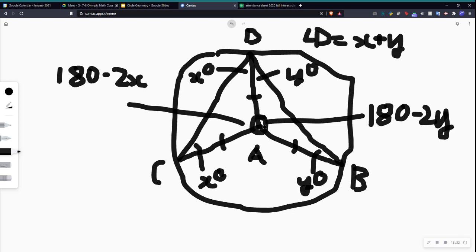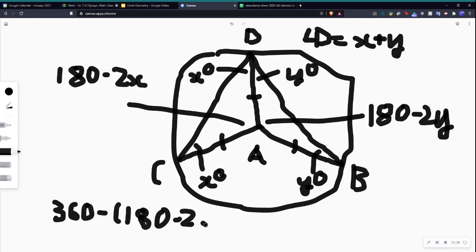If you add all these together, it's 360 degrees. So we can calculate angle A right now. I'm going to do it on the bottom right here. Basically we'll just subtract both of these angles to get angle A. So we have 360 minus (180 minus 2x), and also subtract (180 minus 2y).